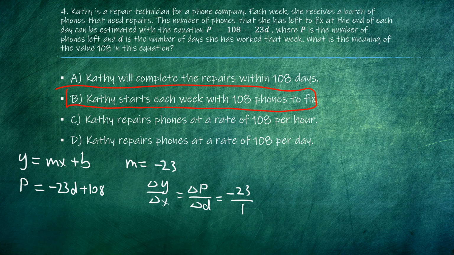And for the y-intercept b, we have 108. What this means is that when day d is equal to 0, she has 108 phones left to fix, which is exactly represented by the answer B.